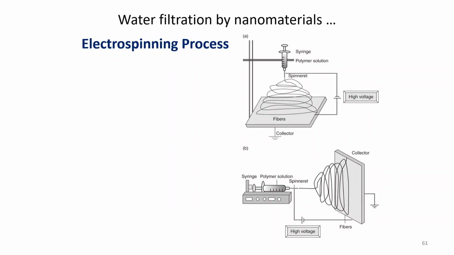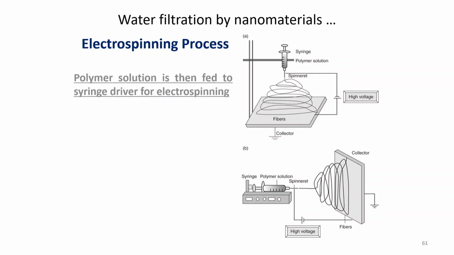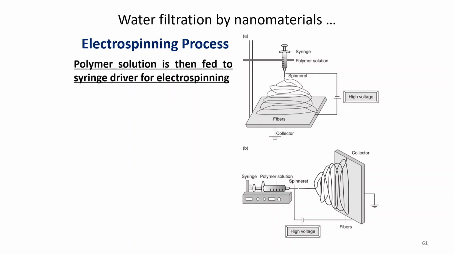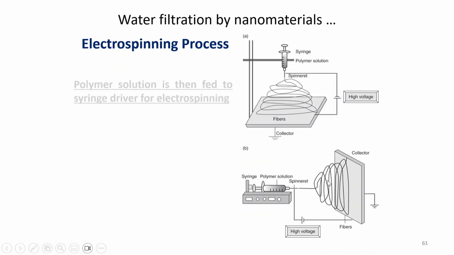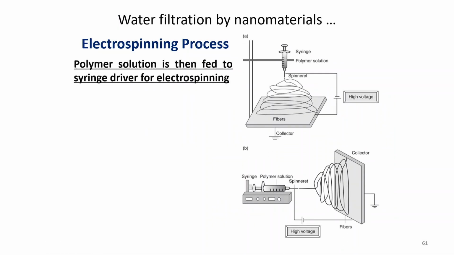We can see here the polymer solution which we have discussed, after dissolution in the solvent, is injected through the syringe, then fed to the syringe and driven to the electrospinning.